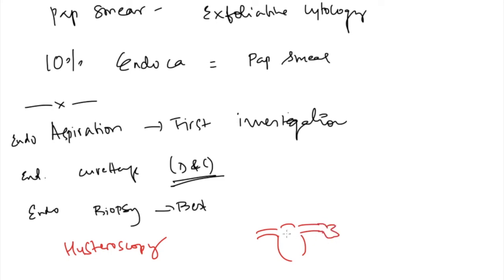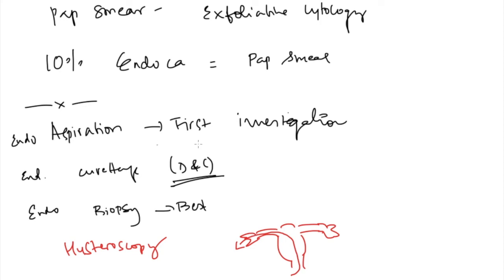When we put saline from here, it's going to wash off the tumor cells. It goes into your salpinx, basically your tubes, and it will go into the peritoneum. So that is why they say hysteroscopy should not usually be done in a known case of endometrial carcinoma.